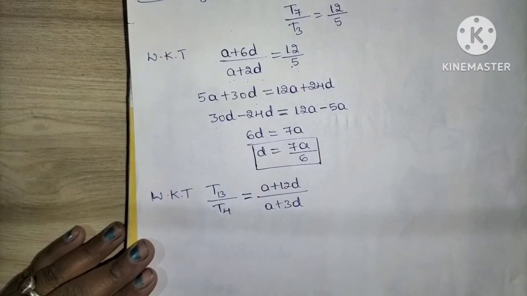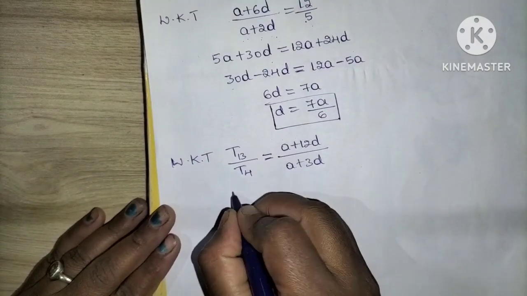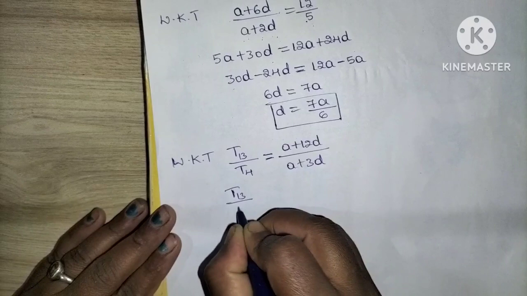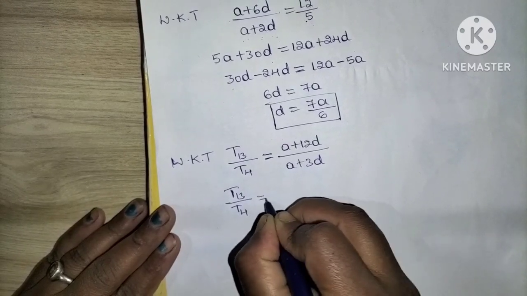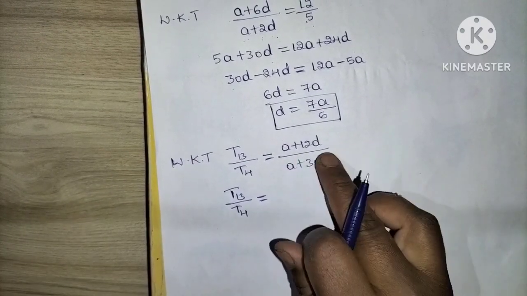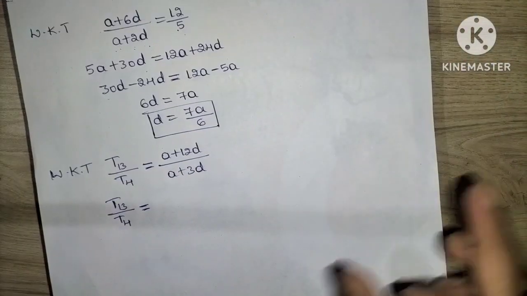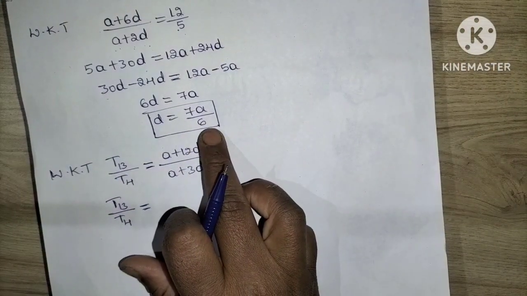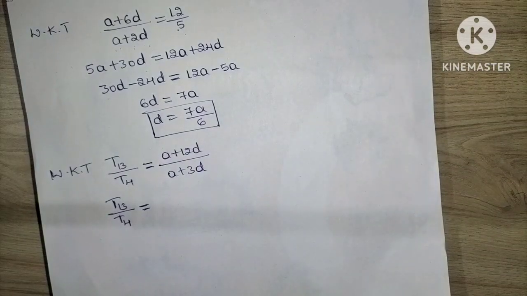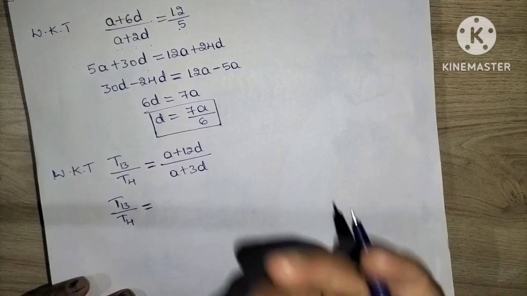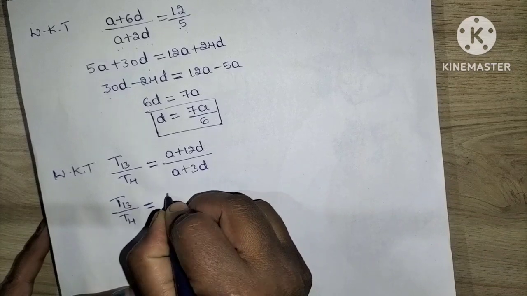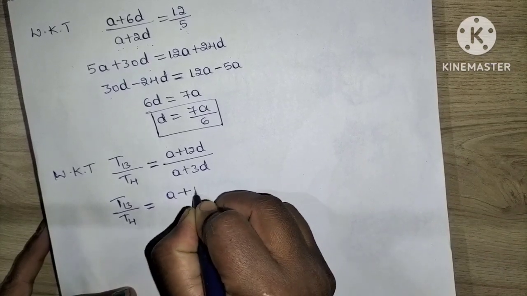So the 13th term divided by the 4th term is equal to a plus 12d divided by a plus 3d. Now substitute the value of d into this equation. How to write? Write a plus 12 as it is.